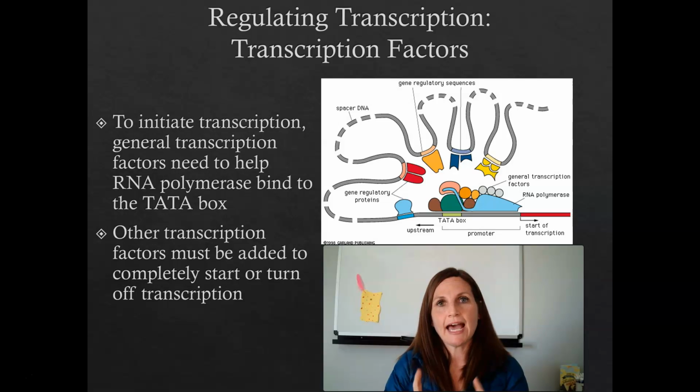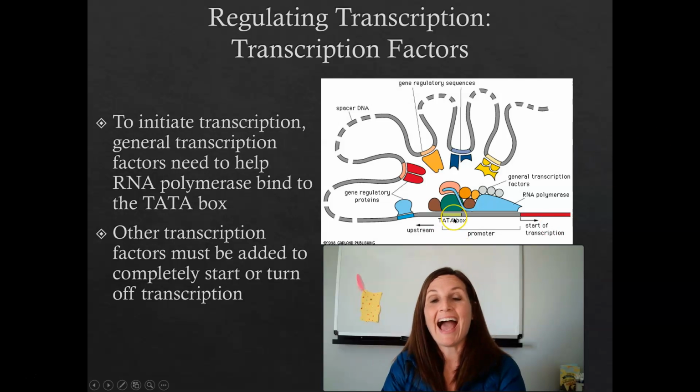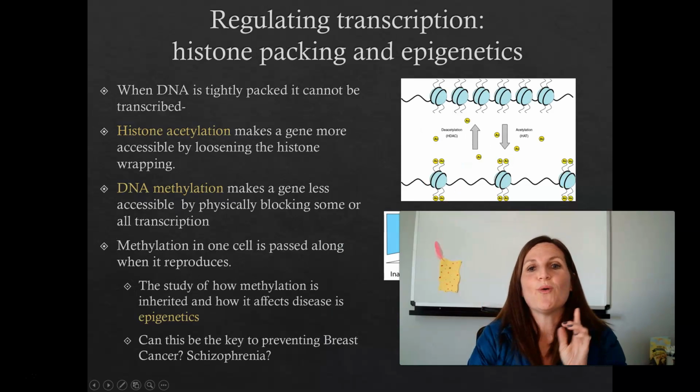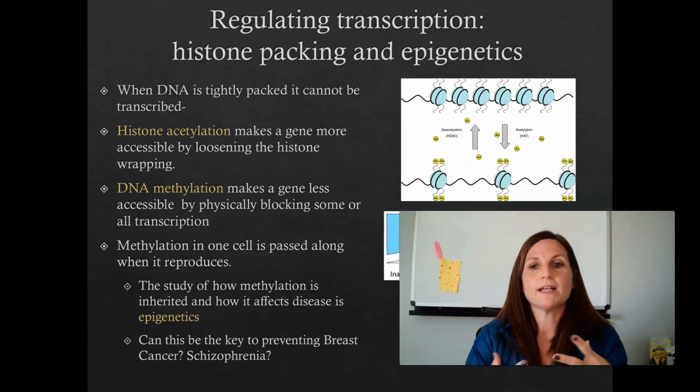In addition to having the right proteins there, they also need access to the TATA box and the promoter. And so we're going to look at how we can keep them from getting access to those things. So I'm just going to do one slide on this process called epigenetics, but I want you to know that epigenetics is something that we could talk about for days.